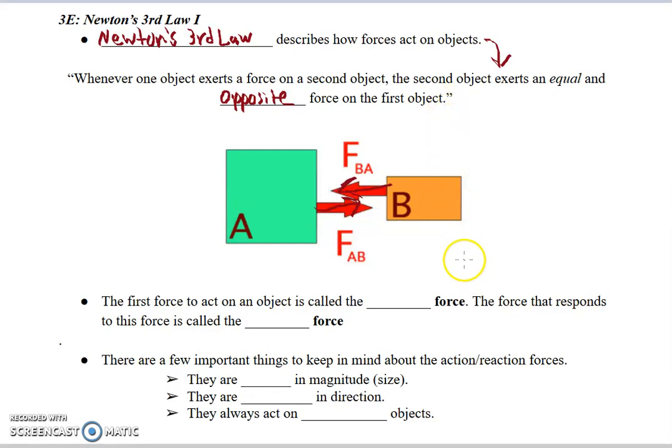So the first force in this interaction up here is called the action force. And then there's going to be a force that responds to that, which will be called the reaction force. So the action force, and then whatever responds to it, you're going to call the reaction force.